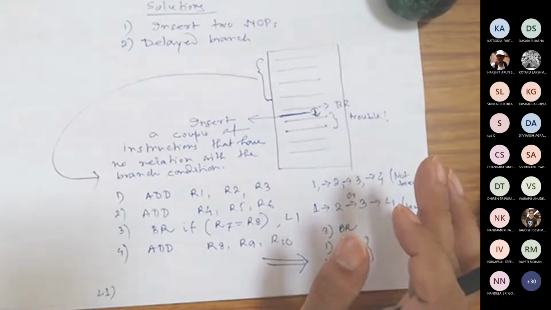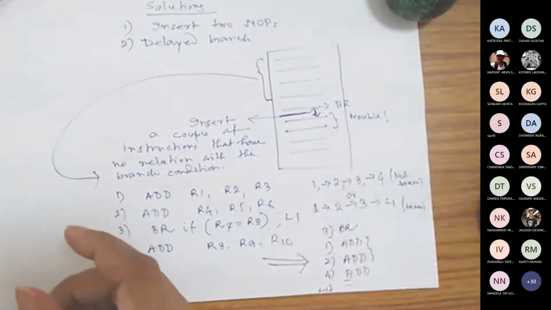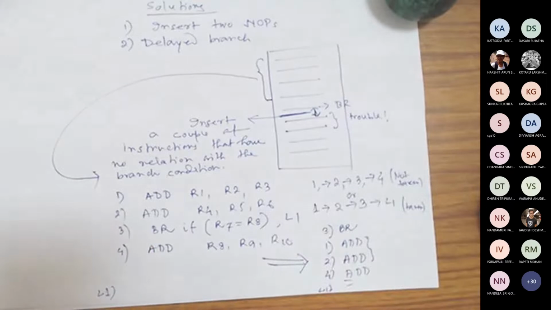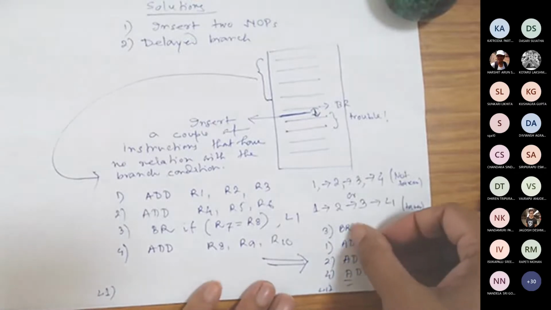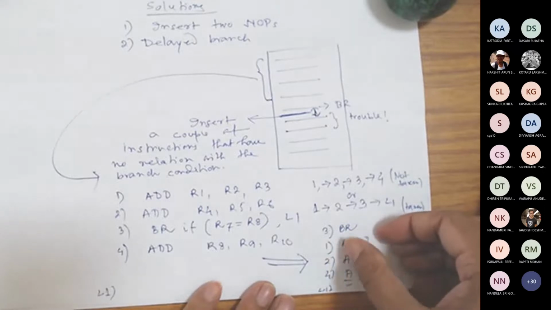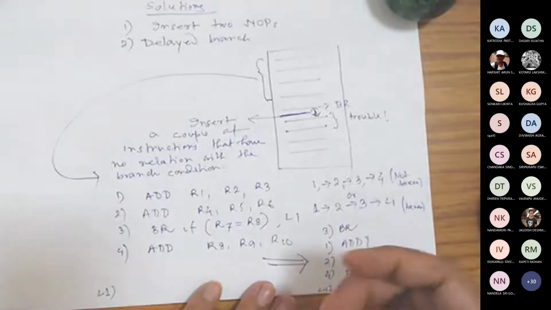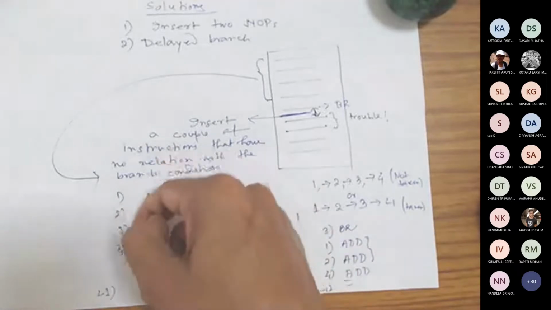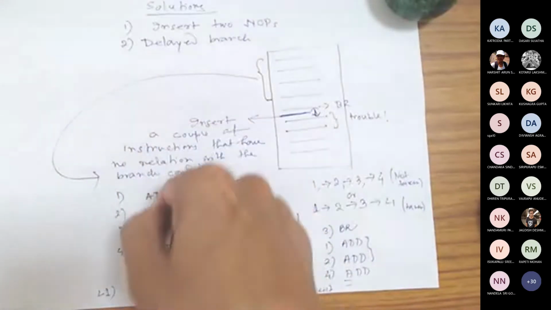Sir, here if we rearrange this like this, then the in-order pipeline will be disturbed. Like 1 or 2 will not be completed before 3. That's why I'm saying, when you say in-order pipeline, obviously this is out of order execution, because as per the original assumption, the instructions should be executed in this order.